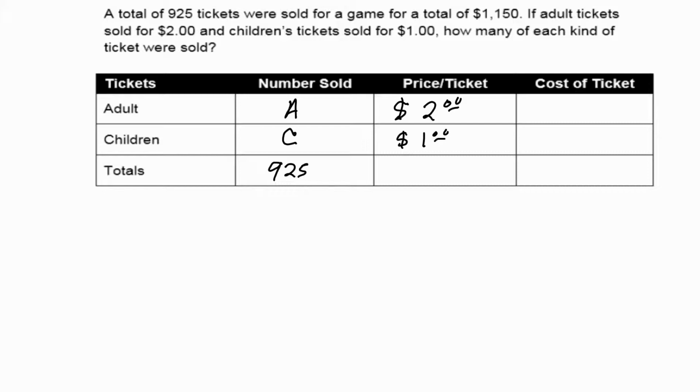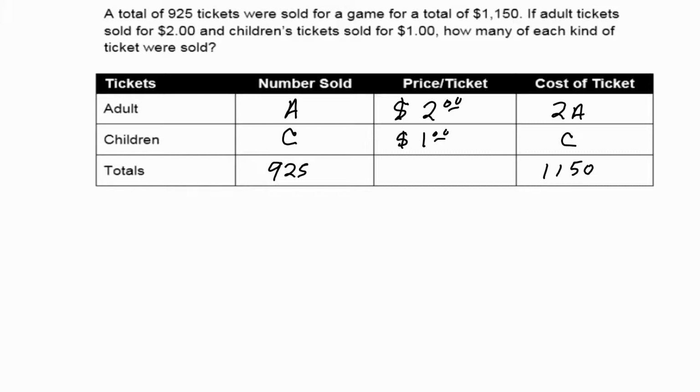As with the previous problem, we multiply going across and add going down, so we can create our second equation simply by multiplying across. In this instance, we know the total amount sold.